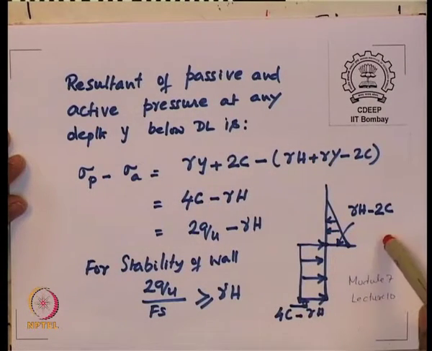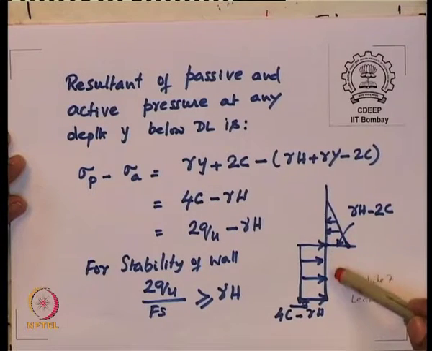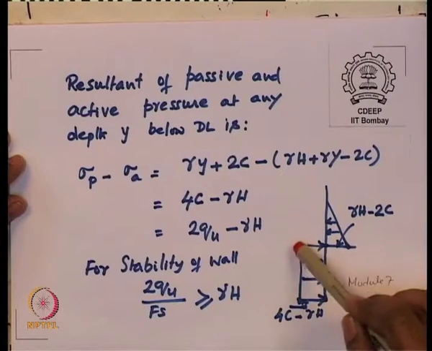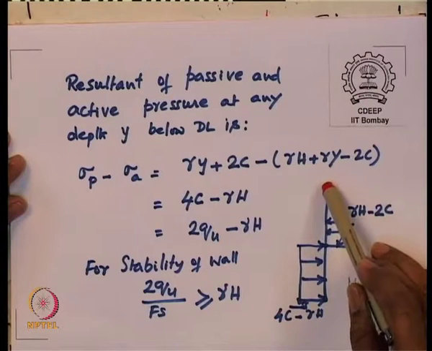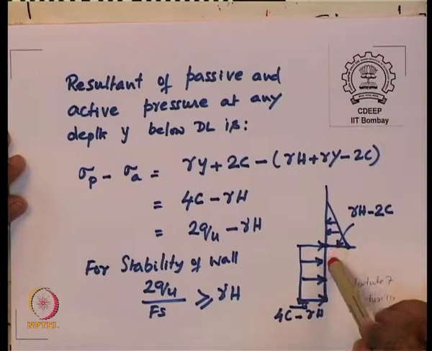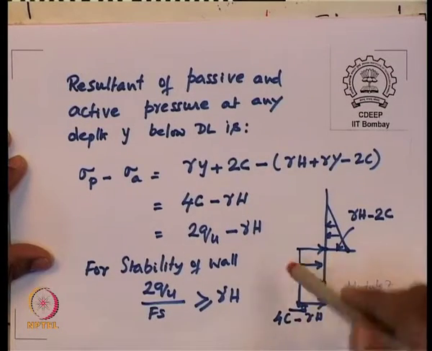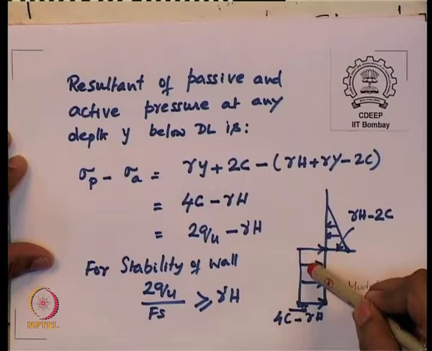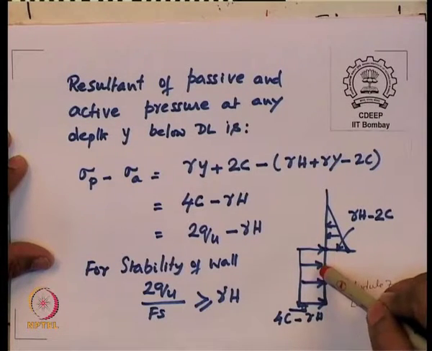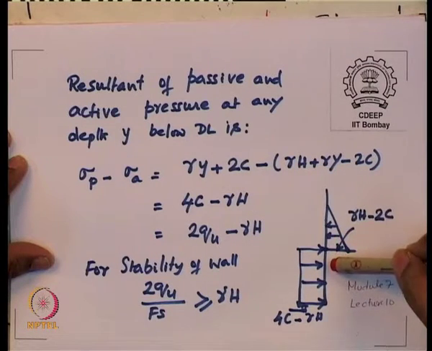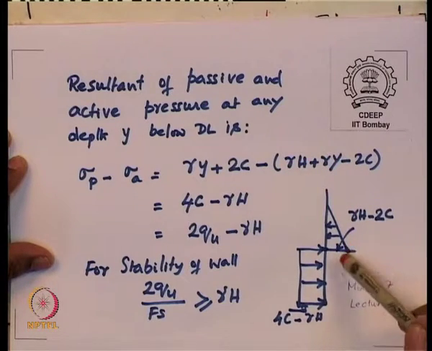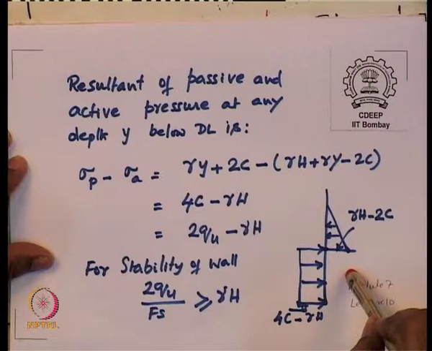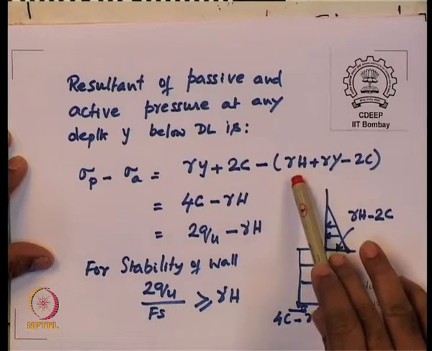If this is the dredge level, we can take y equal to 0 at the dredge surface, that is at point A. The net pressure is obtained as the passive part, gamma h plus 2c, since y is measured from this point, so Kp gamma h with Kp equal to 1, gamma h plus 2c, minus the active part. Since this entire portion is under the active case, it is gamma h plus gamma y minus 2c, that is Ka gamma h minus 2c root Ka. As Ka is equal to 1, we can write gamma h plus gamma y minus 2c.